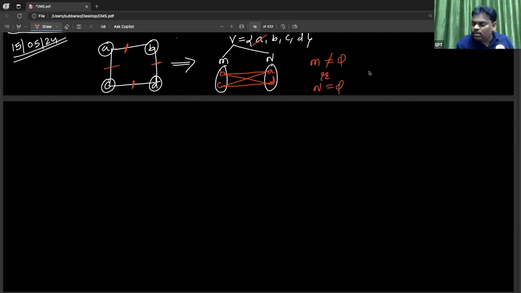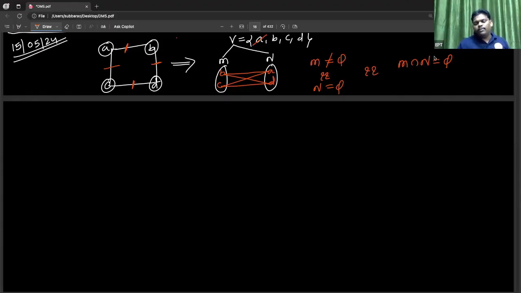And one more condition. Listen, M intersection N should be pi, meaning no common vertex. Sir, can I keep one vertex in both places? You cannot. These are the rules.